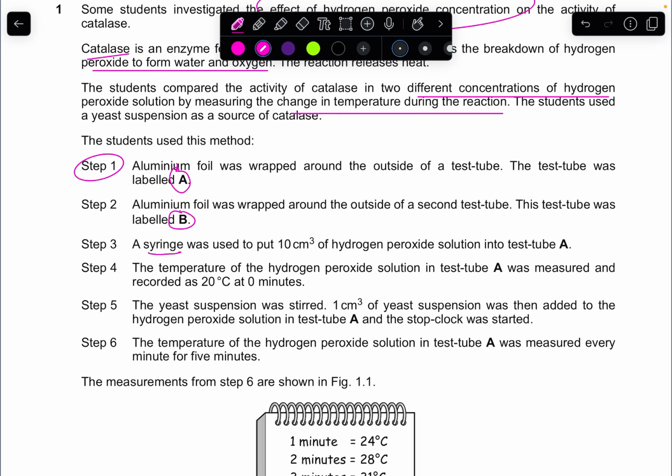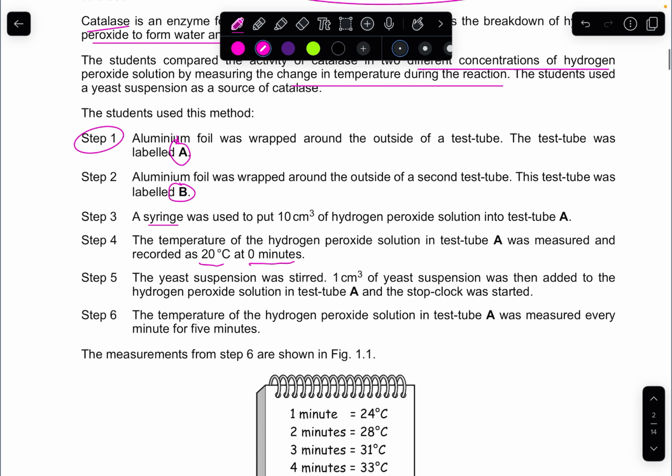Aluminum foil was wrapped around the outside of the second test tube and it is called B. They also use this syringe to measure the volume of the gas, that is oxygen, and the temperature of hydrogen peroxide solution in A was measured as 20 degrees at 0 minutes. Step 5, the yeast suspension was stirred, and 1 centimeter cube of yeast suspension was then added to the hydrogen peroxide solution in test tube A, and use a stop clock to measure the time.